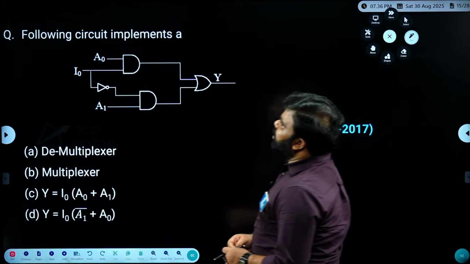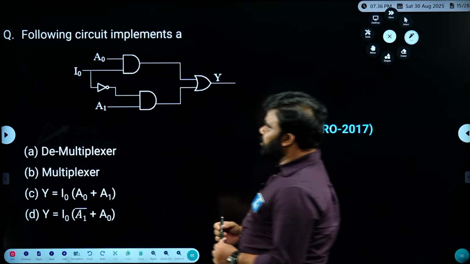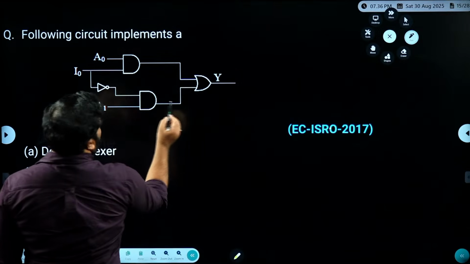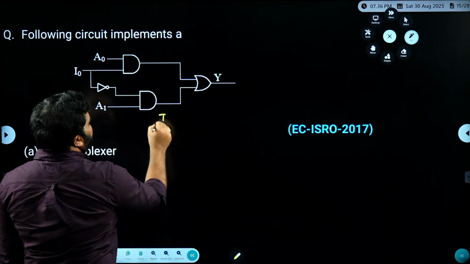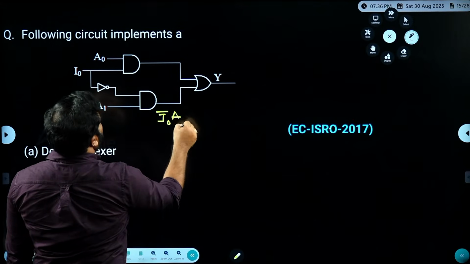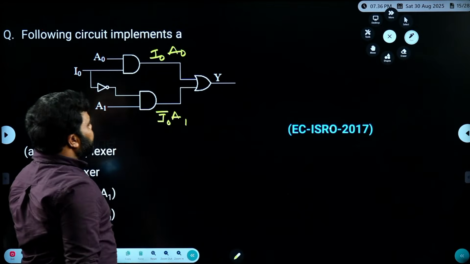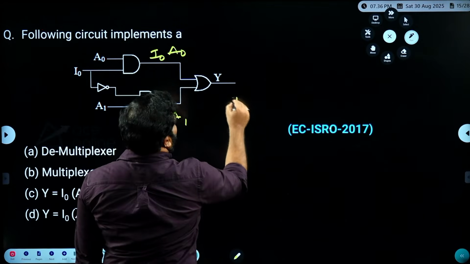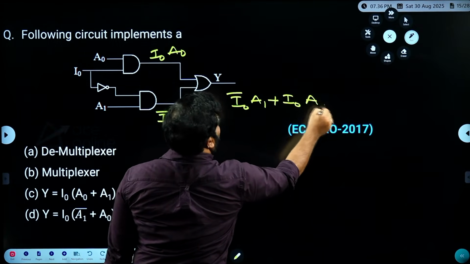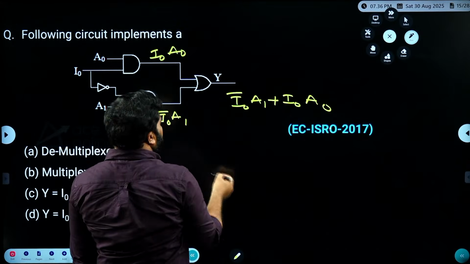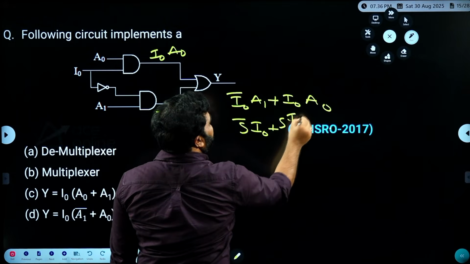Following circuit implements a what? Observing the circuit, very simple. If I say it is I naught, what is going to be the output of this circuit? Here it is I naught bar A1, and here it is I naught A naught. So what is the output we are getting here? I naught bar A1 plus I naught A naught. It is nothing but simply S bar I naught plus S into I1.